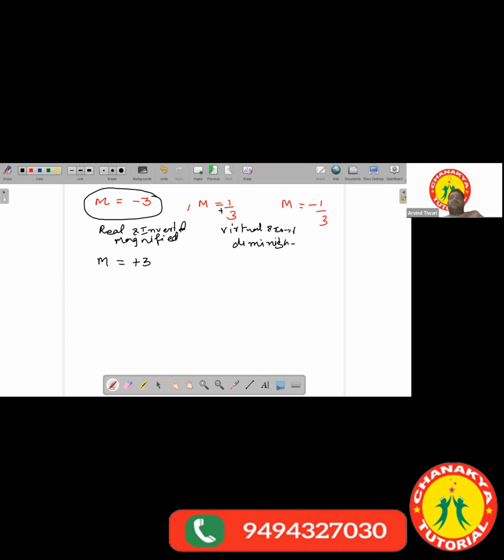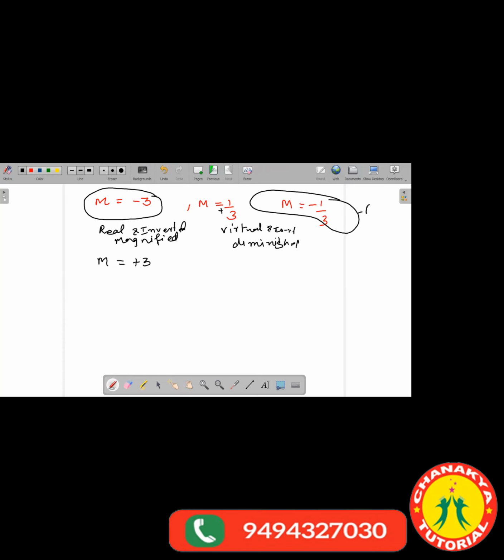What about this third one? It's real and inverted and diminished. Dhriti, can you tell for this magnification +3?